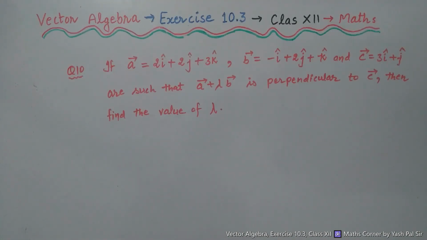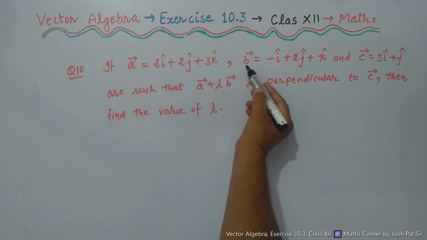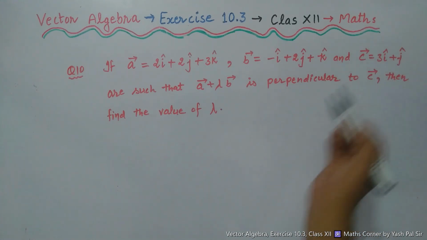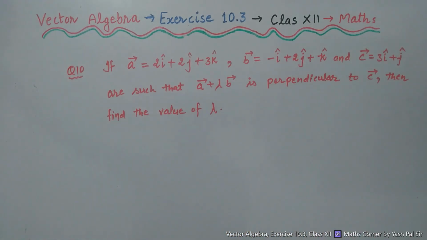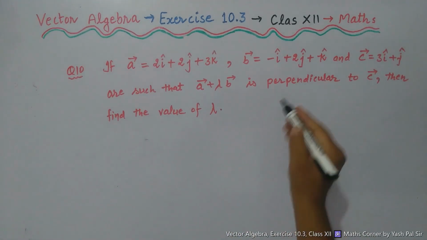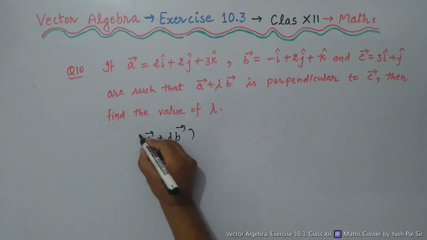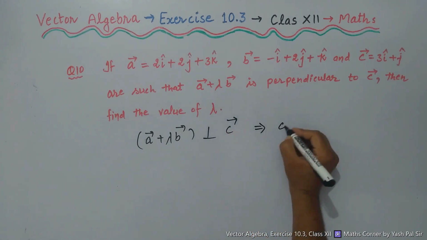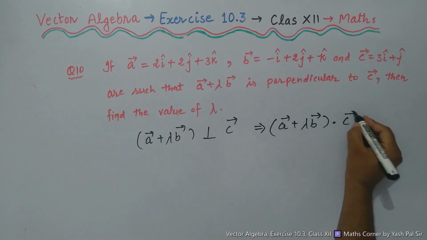Next question, question number 10. If vector A is equal to 2i plus 2j plus 3k, vector B is equal to minus i plus 2j plus k, vector C is equal to 3i plus j, such that vector A plus lambda B is perpendicular to vector C. So if they are perpendicular, we write it as vector A plus lambda vector B is perpendicular to vector C. This implies the dot product of A plus lambda vector B with vector C is equal to 0.